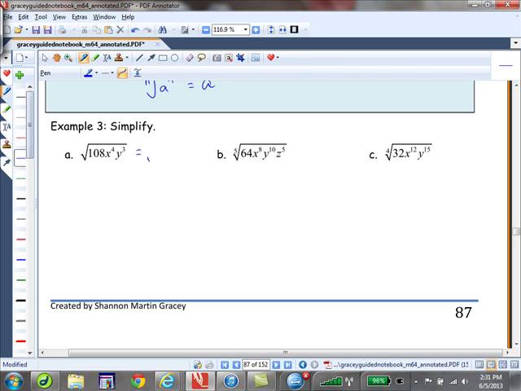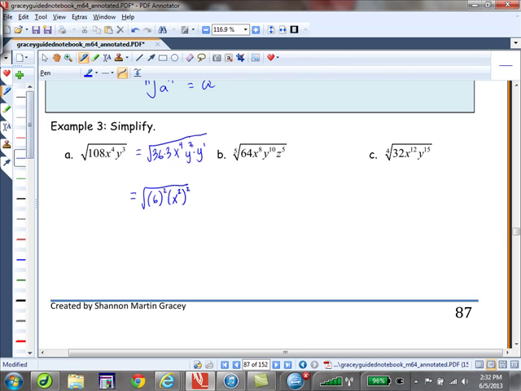3 times 36 is equivalent to 108. So we can write that as 36 times 3. X to the 4th will work because 4 is a multiple of 2. And then if I write y cubed as y squared times y to the 1, then I have myself set up for what I need. So then I'll have 6 squared is 36.